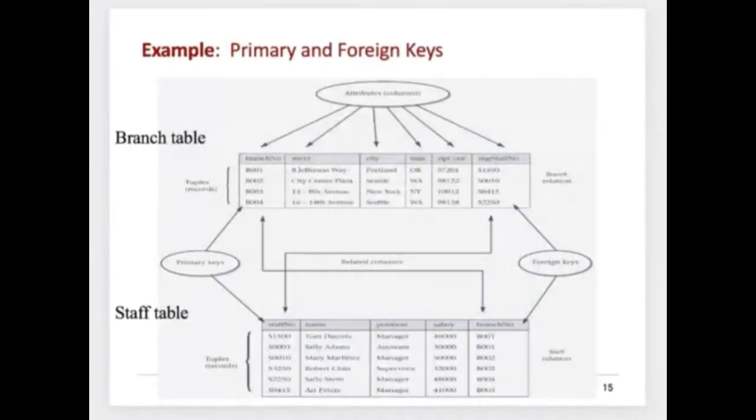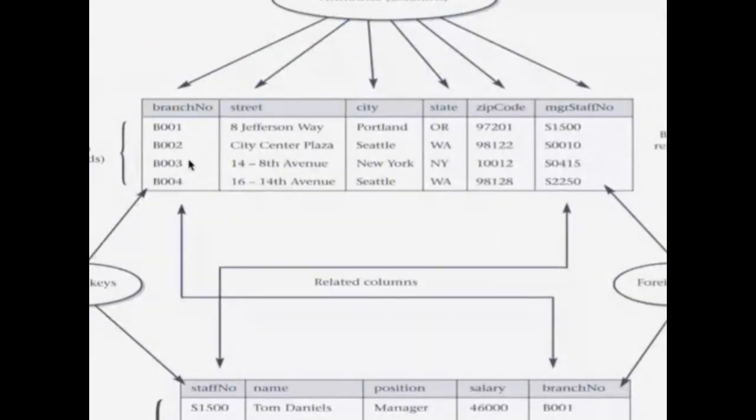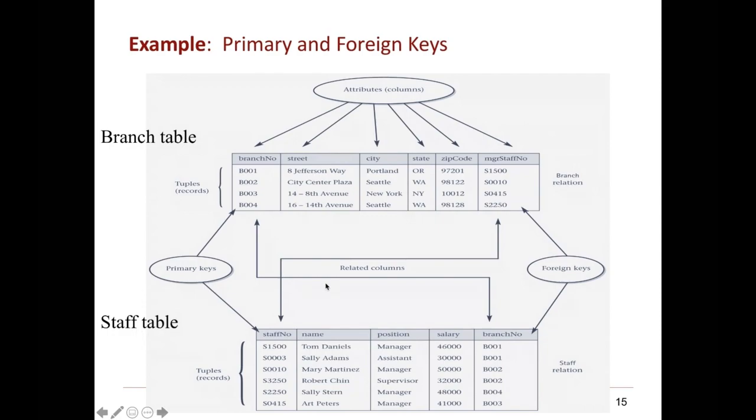Okay, once again we have more examples for our understanding. We have two tables here. The top table is the branch table, the lower table is the staff table, and you see the columns in the branch table are branch number, street, city, state, zip code, and manager staff number. In the second table, which is the staff table, we have columns or attributes: staff number, name, position, salary, branch number.